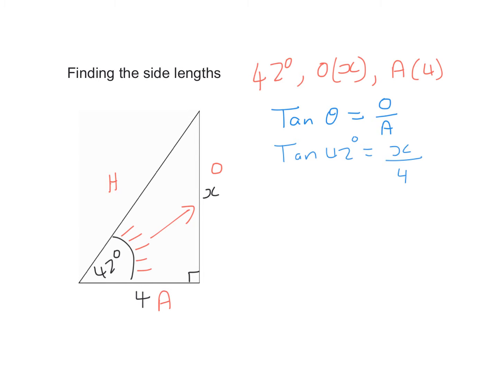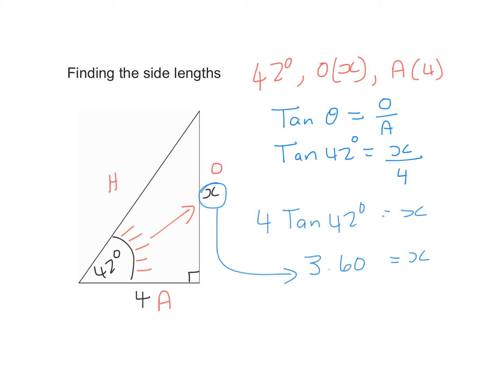I need to sort out this divide by 4, so I'm going to multiply each side by 4. Therefore I have 4 tan of 42 degrees equals my pronumeral x. And when I put 4 tan 42 into my scientific calculator, I end up with the value of 3.60 for x. Therefore x, this value over here, is equal to 3.60.